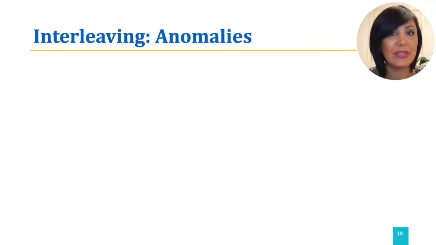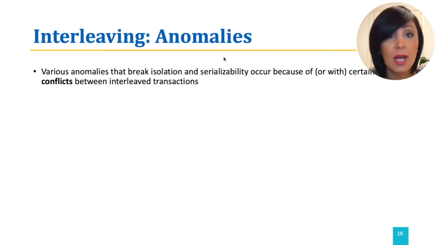The question here is, why can't all interleaved transactions preserve isolation? This is because different types of anomalies that break isolation and serializability can happen. These anomalies may happen because of certain conflicts between interleaved transactions.